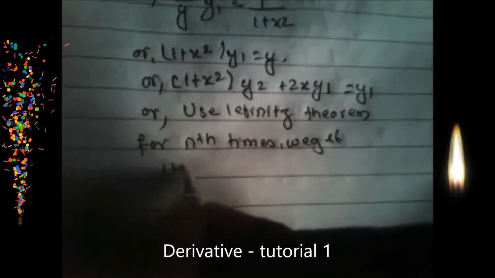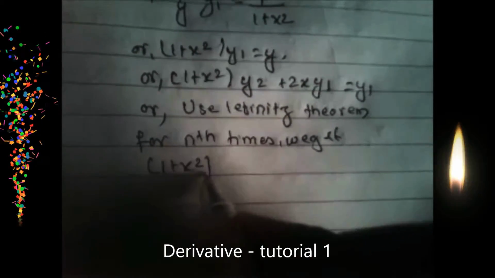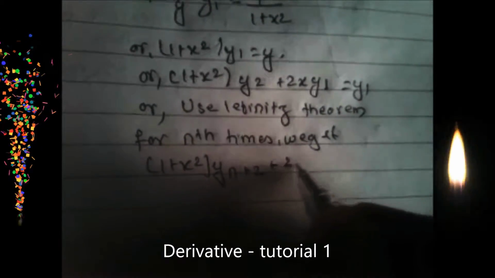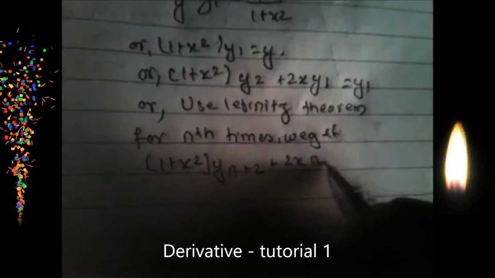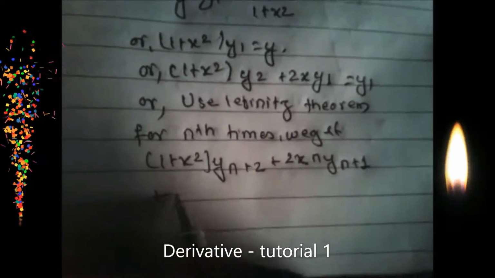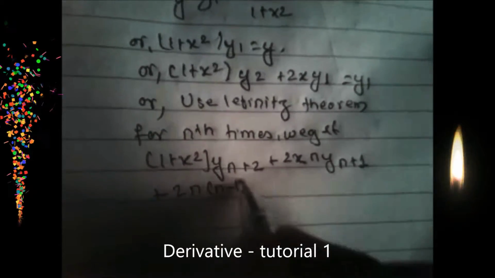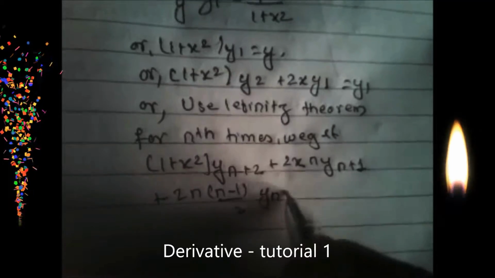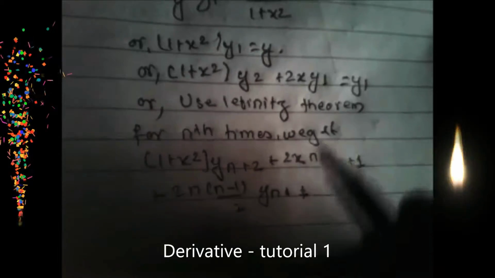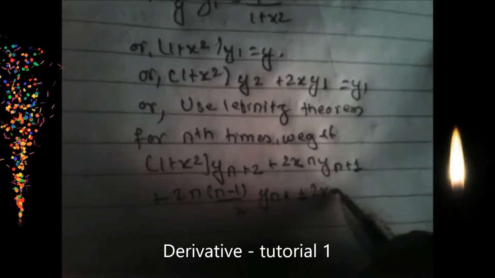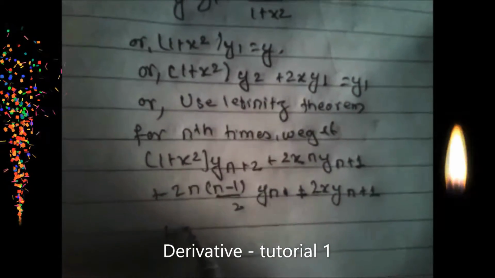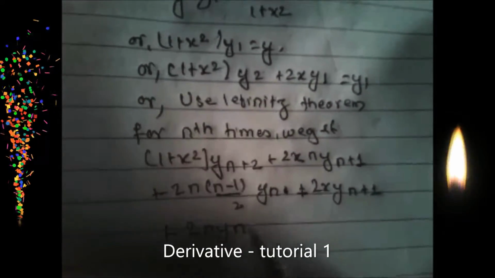We get (1 + x²) y(n+2) + 2nx y(n+1) + n(n-1)/2 · 2 yn = 2x y(n+1) + 2n yn.